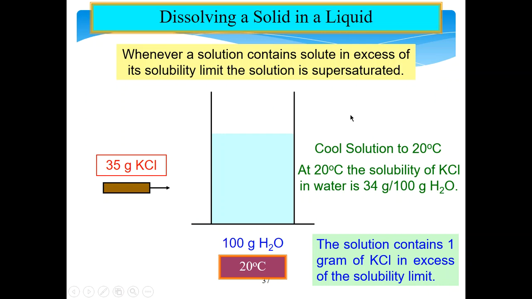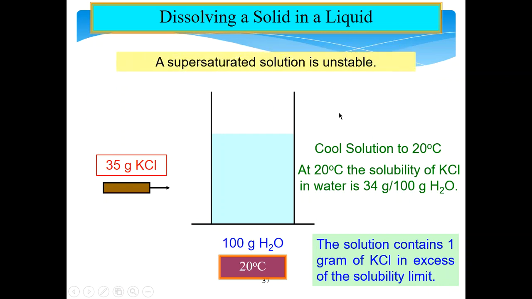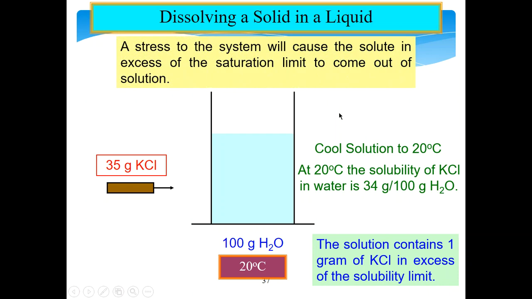As I said before, that's a very unstable situation. If you do anything to disturb that solution, then all of a sudden you're going to have a precipitate forming out of solution. So typically, and you're going to find this to be true in organic chemistry, if you plan to do organic chemistry, you can scratch the walls of the container with a glass rod, which produces very microscopic particles of glass.